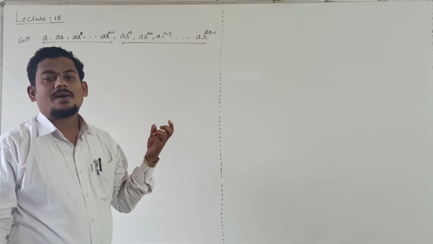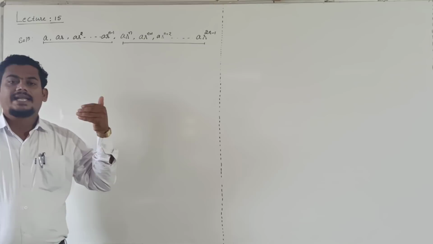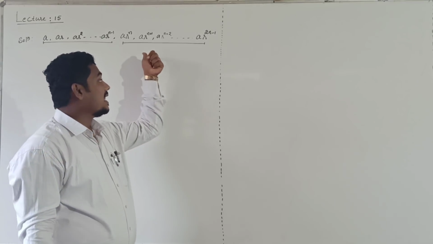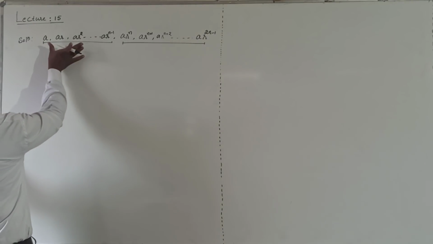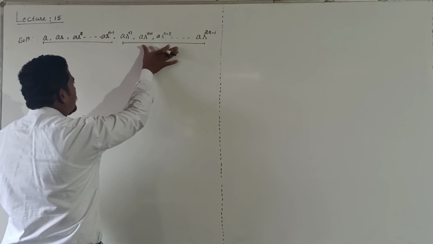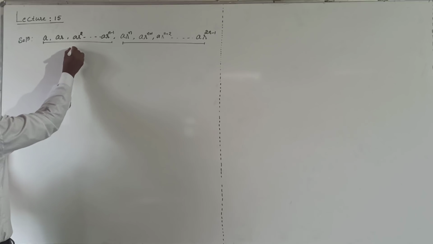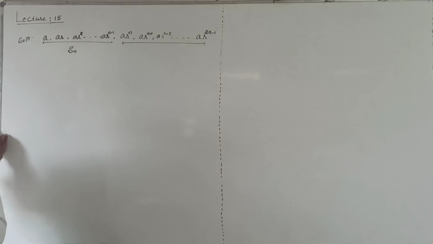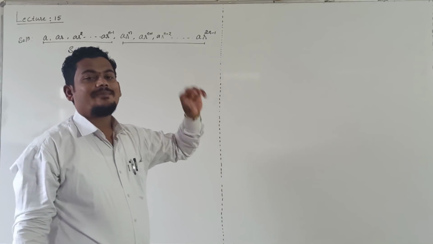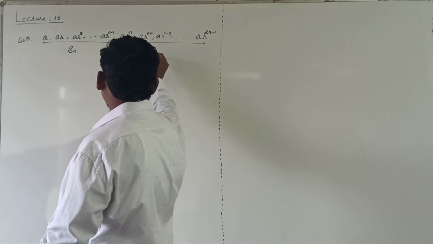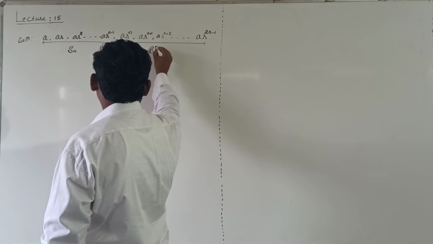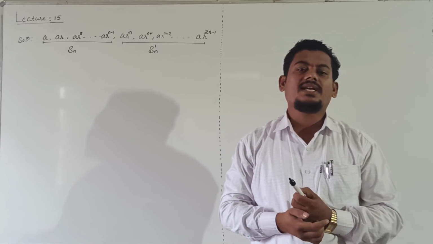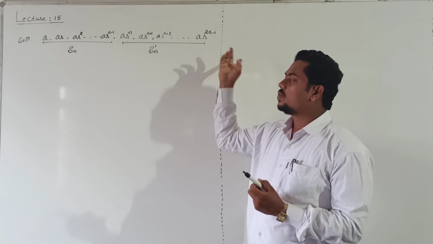We need the ratio of the sum of first n terms to the sum of the terms from n plus 1 to 2n, that is, sum of these terms to sum of these terms. The sum of first n terms is denoted with Sn and the sum of the terms from n plus 1 to 2n I will denote as Sn dash. Sn dash represents the sum of the terms from n plus 1 to 2n.